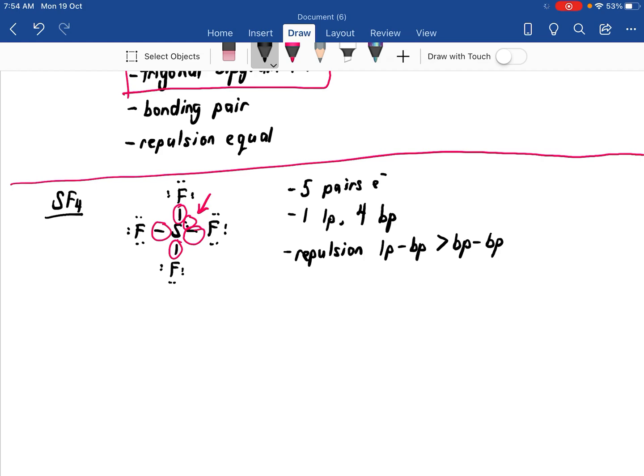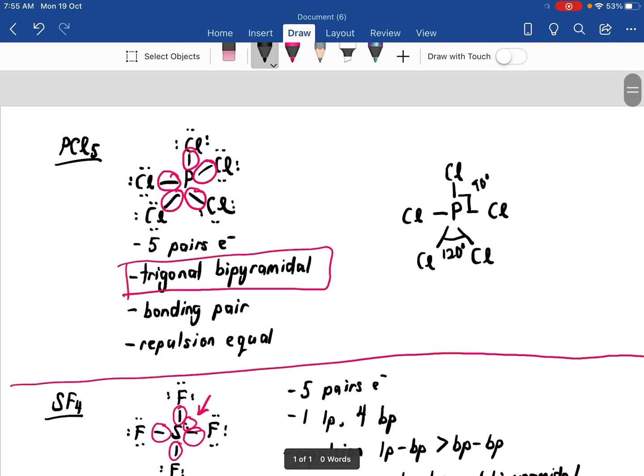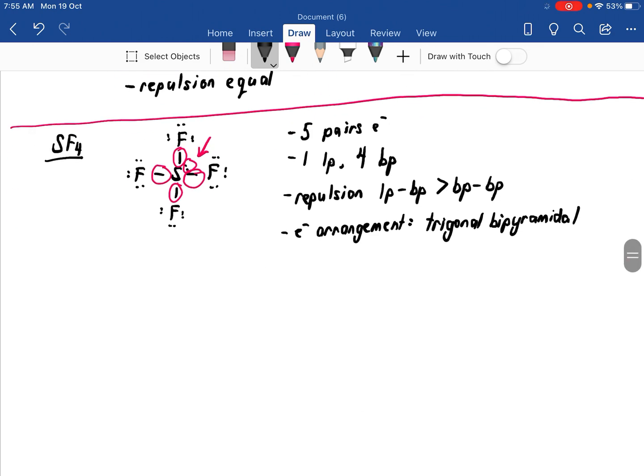Since it is 5 pairs of electrons, regardless of whether it is a lone pair or a bonding pair, the electron arrangement is still trigonal bipyramidal, same as PCl5 just now. However, because of the presence of one lone pair, the molecular geometry becomes seesaw.